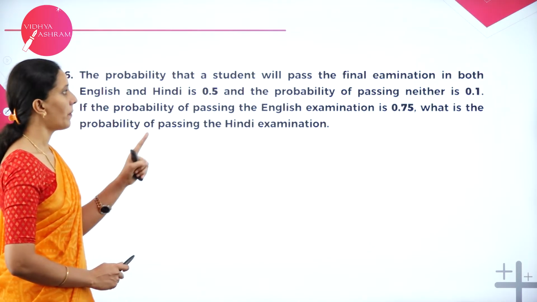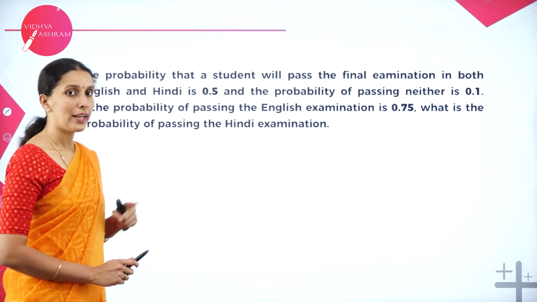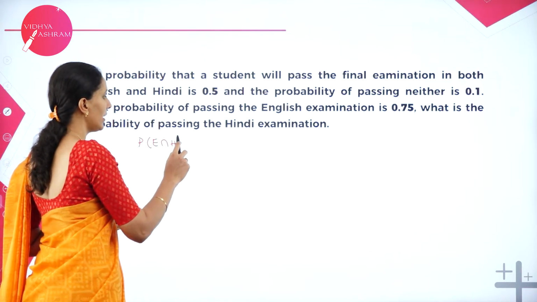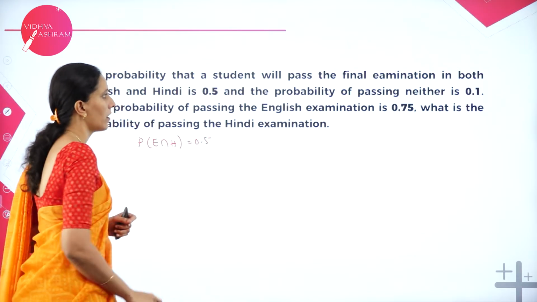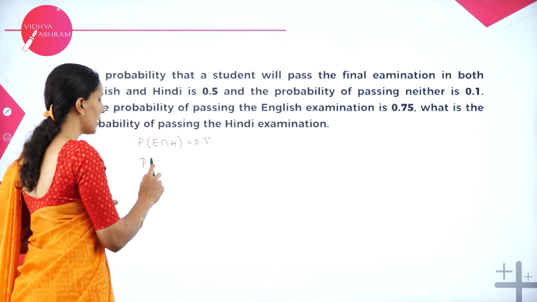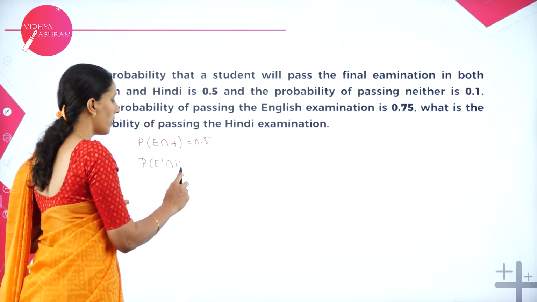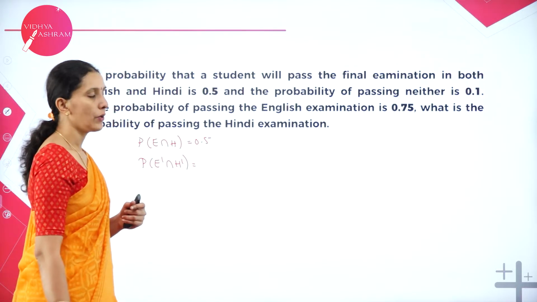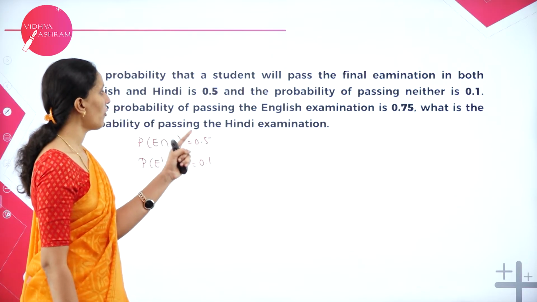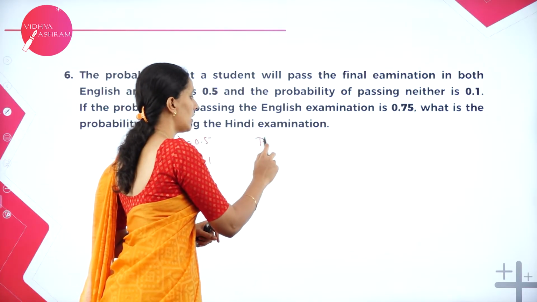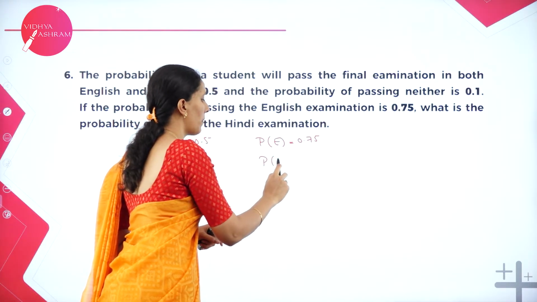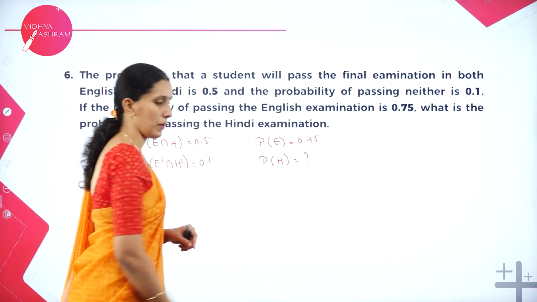They have given the probability that he will pass in both the examinations, that is probability of English and Hindi is 0.5. Next they have given probability of passing neither, that is he will neither pass in English nor pass in Hindi, and the value is given as 0.1. Next, they have given probability of passing in English examination, that is P of E is equal to 0.75. We need to calculate the probability that he will pass in Hindi examination.